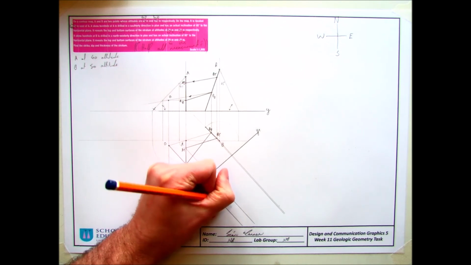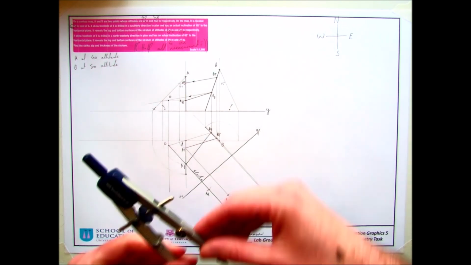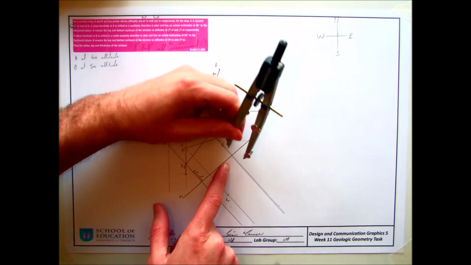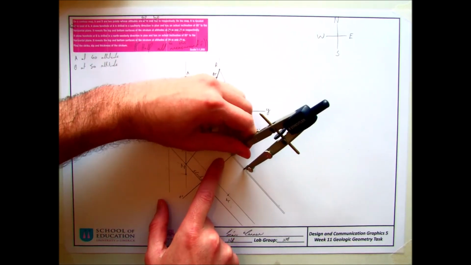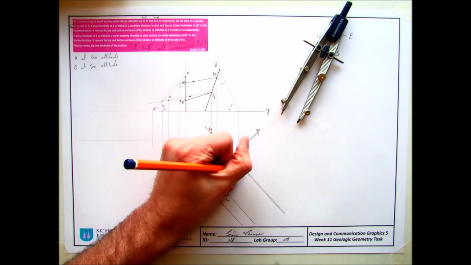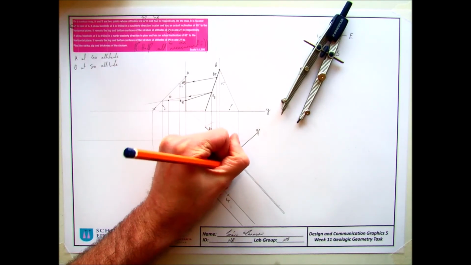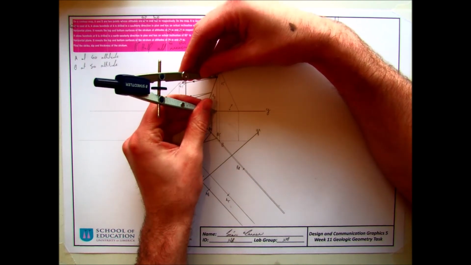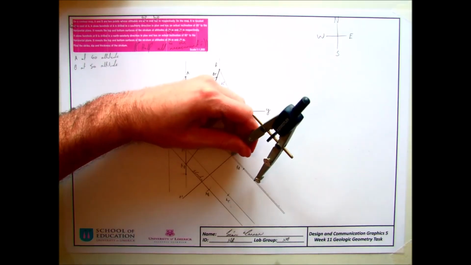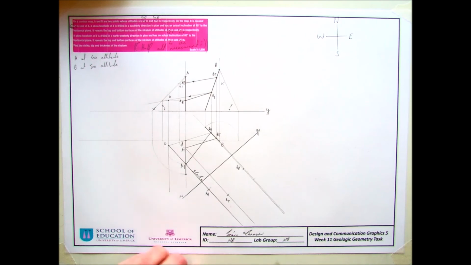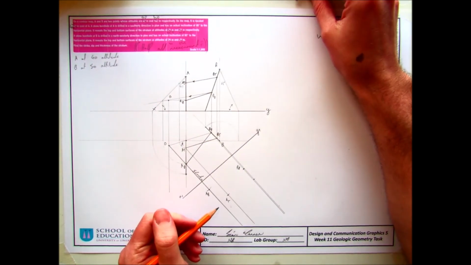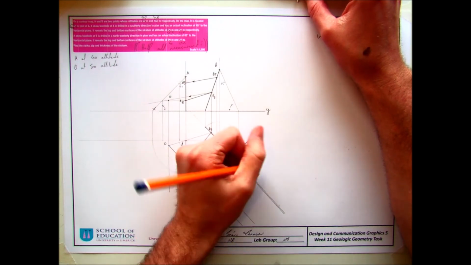Like so. BB. And then BT. Now it's looking good already. It's looking like they should be parallel. I'll make sure that BT.